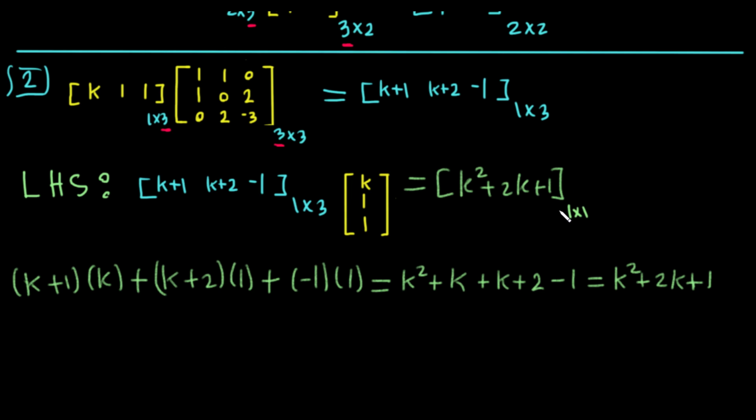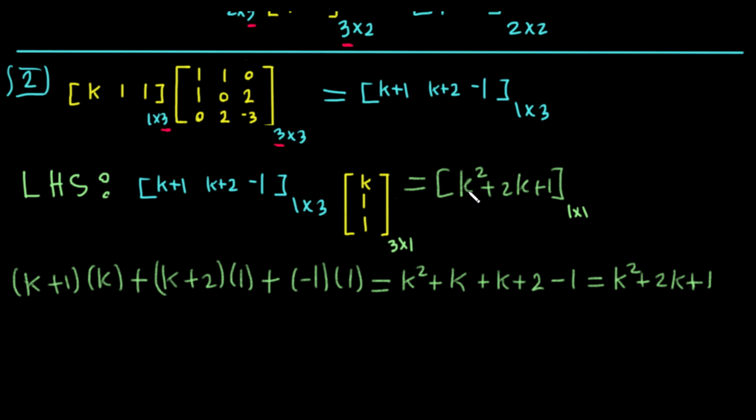When we multiply these matrices, this matrix has 3 rows and 1 column, so 3 by 1. Since these numbers are equal, the other numbers represent the result matrix, which is 1 by 1. Here we have only one number.